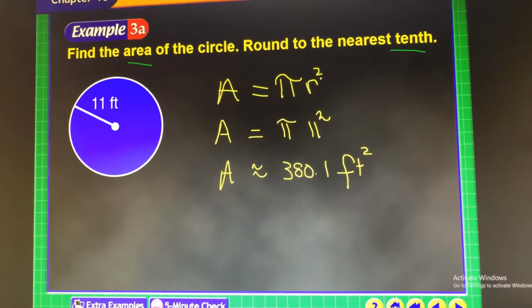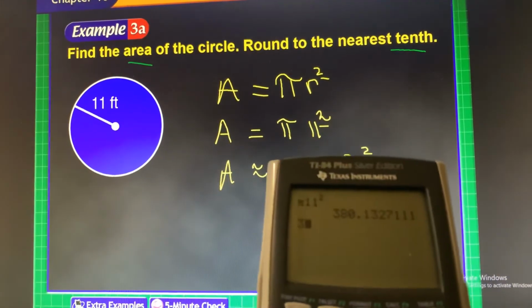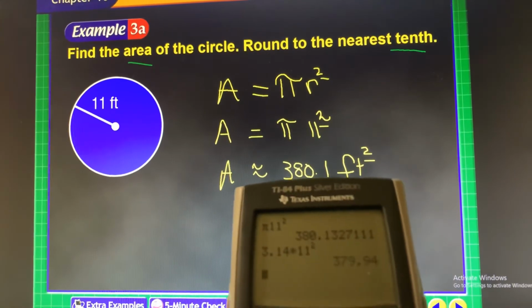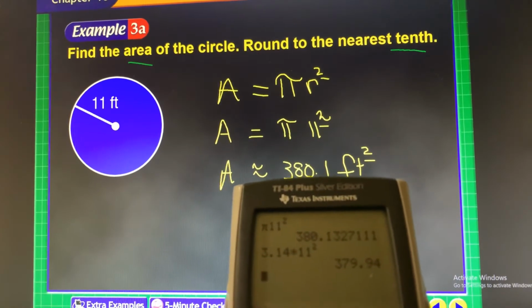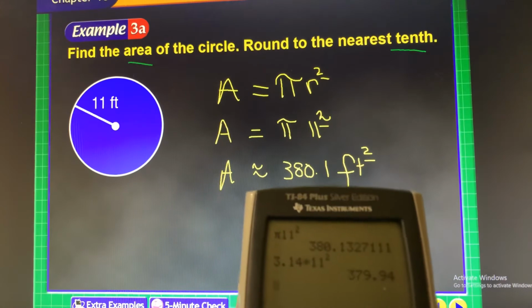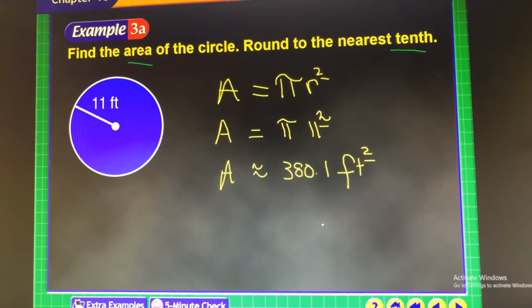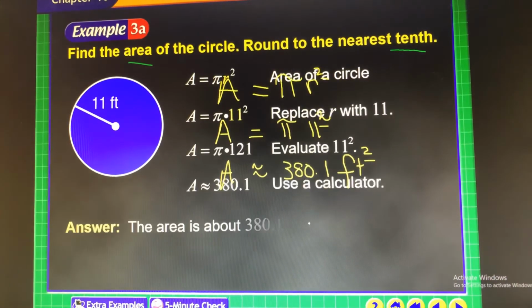This is how you can remember that this needs to be squared, right? Pay attention to that. You can also do 3 and 1400ths times 11 squared. You're going to get a slightly different answer because you rounded it, but still it's approximately 380. It's just going to be slightly off.